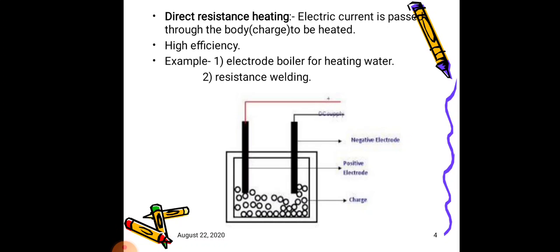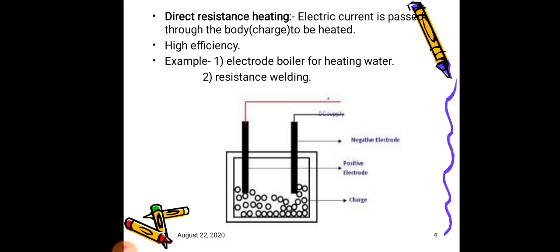The charge may be in the form of powder, small solid pieces or liquid. The electrodes are inserted in the charge and connected to either AC or DC supply, which is shown in the figure, where two electrodes are placed.